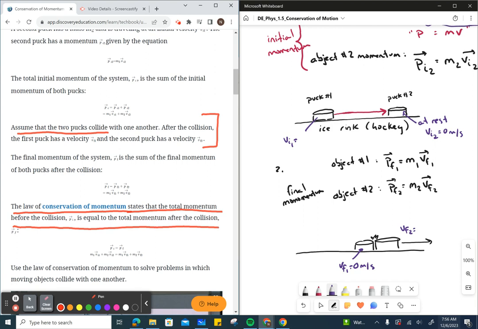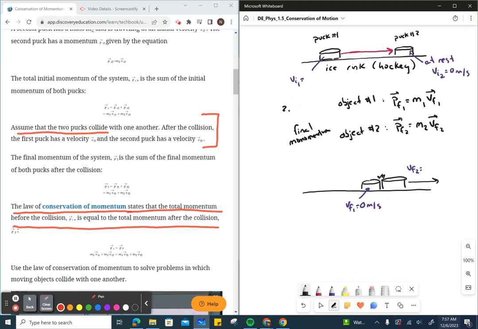So if we were to come down here and let's just make this number 3, the law of conservation of momentum says that the total momentum before is going to be equal to the total momentum after.